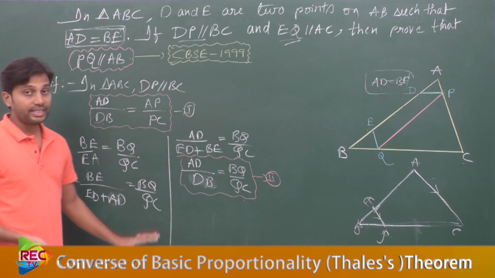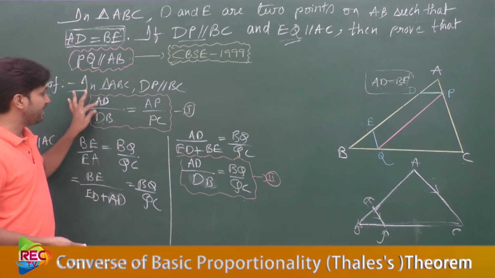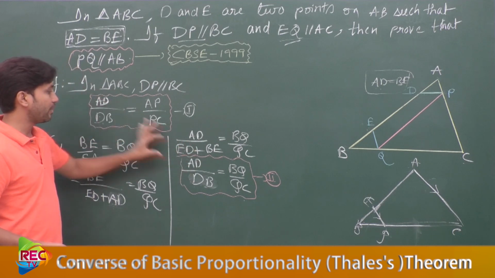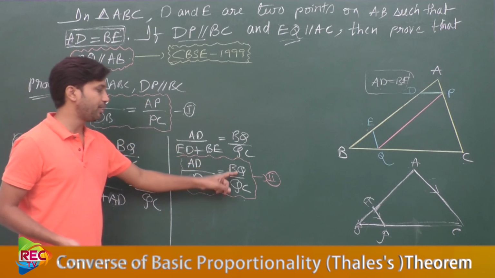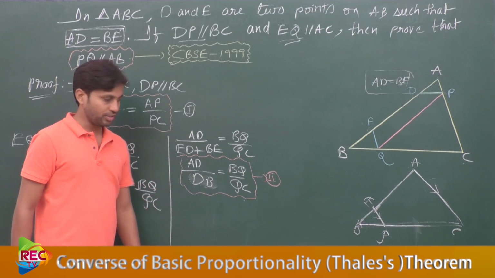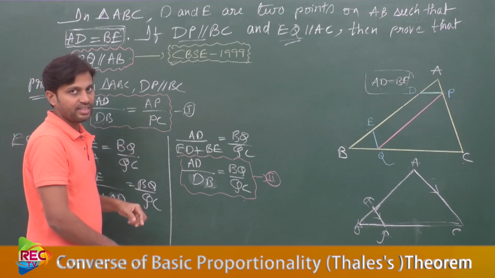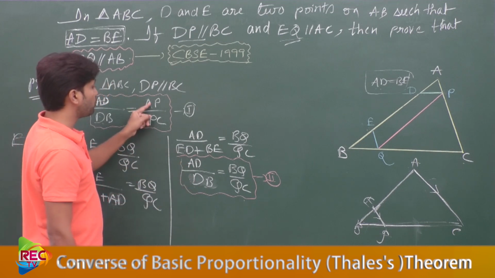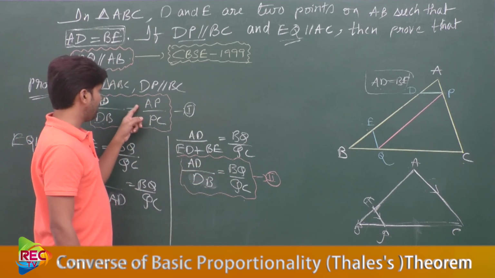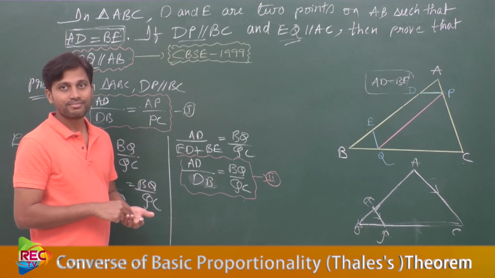So here you can clearly observe that AD by DB is commonly equal to AP by PC and BQ by QC. Understood? That means this is commonly equal to two different expressions, so these two are also equal.